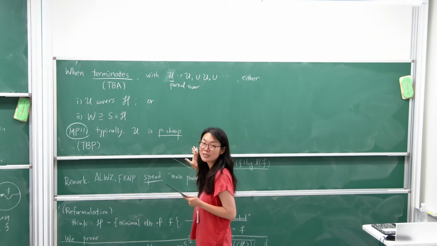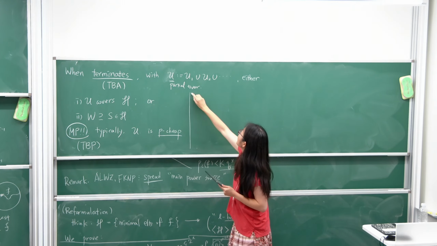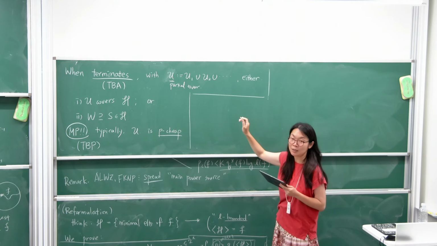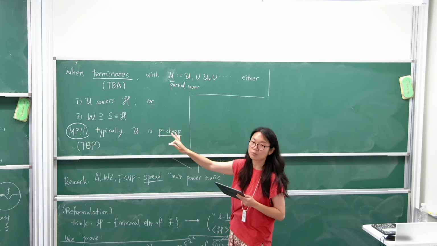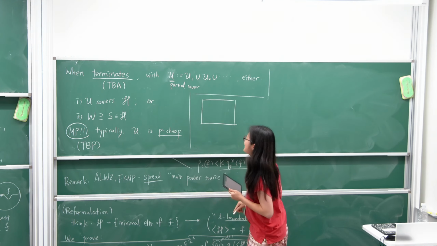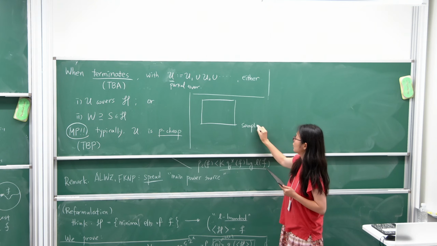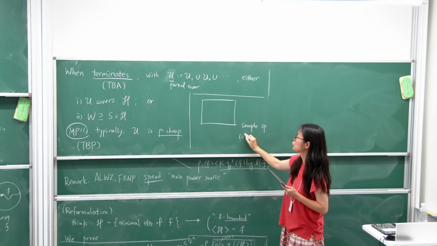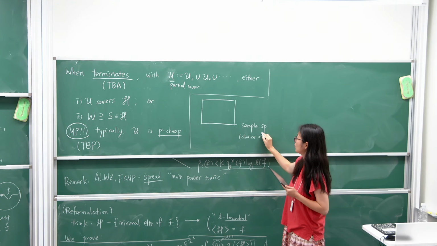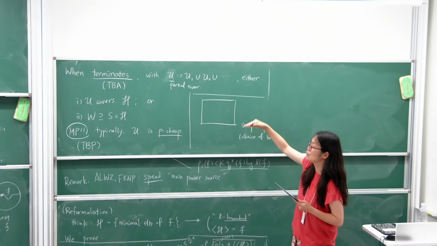Because now it's time to use our assumption. Once we have this, again, our algorithm is a randomized algorithm, and it depends on the choice of W. So let's say this is the sample space, which means our choice of W. For each choice of W, we see different outputs.